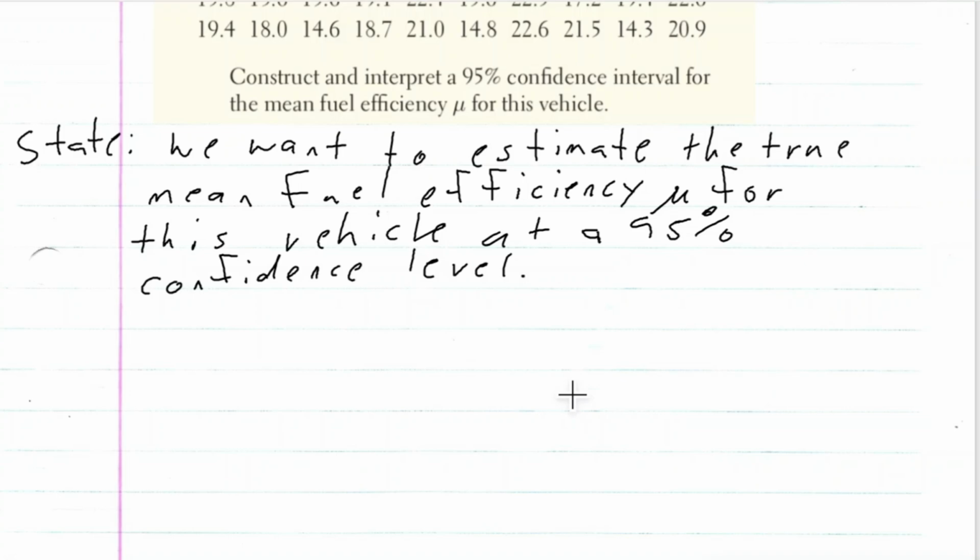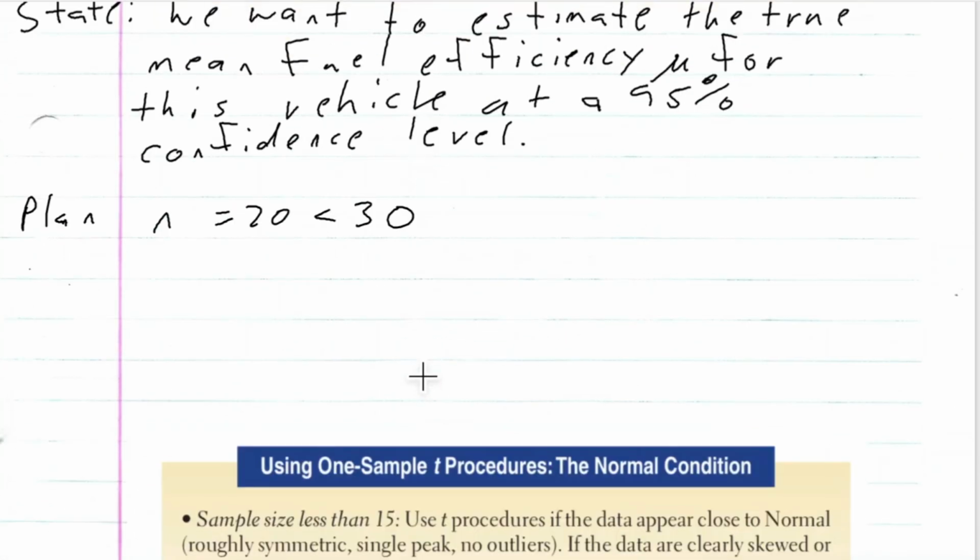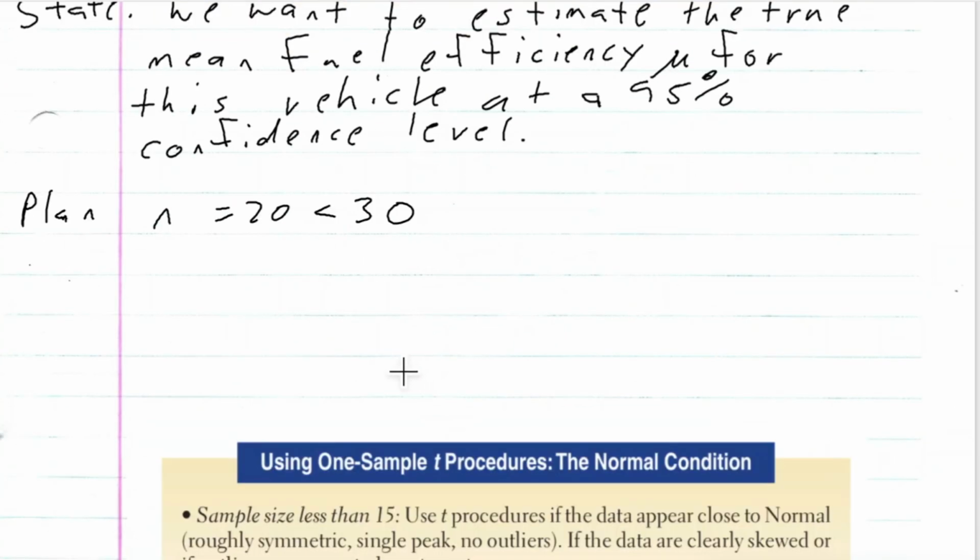All right, so let's do the plan. You can see that n is equal to 20, which is less than 30, so we're not meeting that normal condition typically. And we do not know the population standard deviation, right?